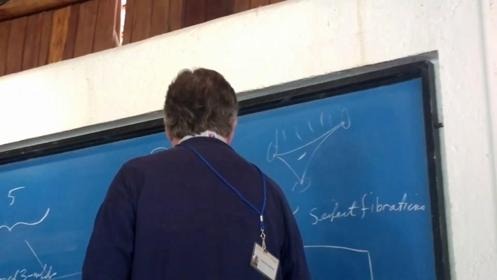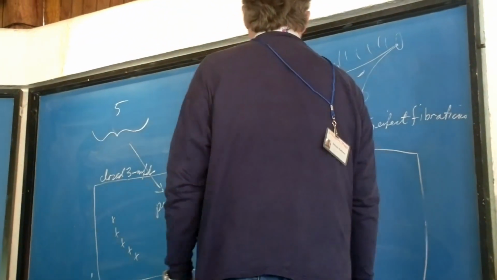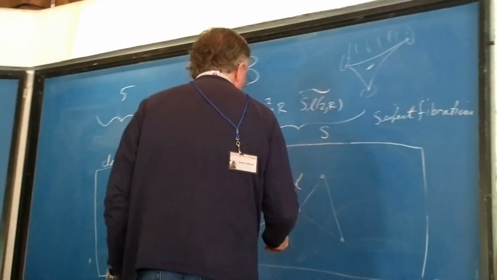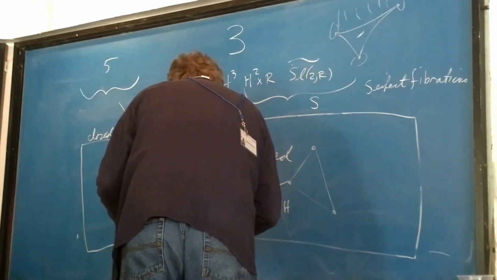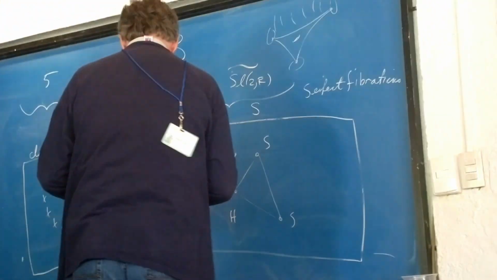So then this graph, and I'll refer to these with the letter S, a lot of S's here, and refer to these kinds with the letter H. So this graph is labeled. I'm going to put an H there, and an S there, and an S there, something like that.